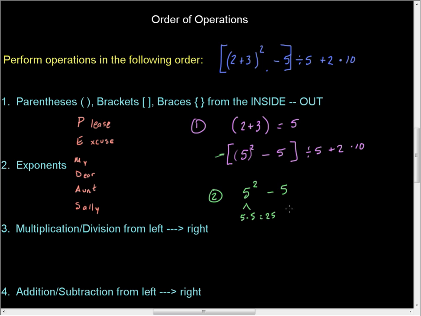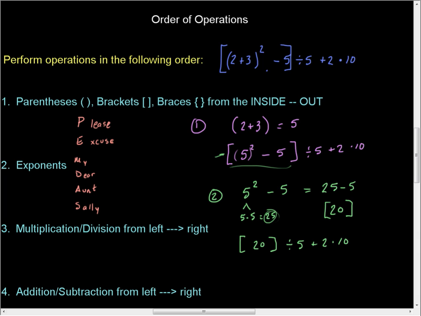Addition and subtraction: since it's 25, it's really 25 minus 5. That's 20. That number is in brackets, that's this whole set of brackets right here. And so let's rewrite it. In brackets, we've got 20 divided by 5 plus 2 times 10.